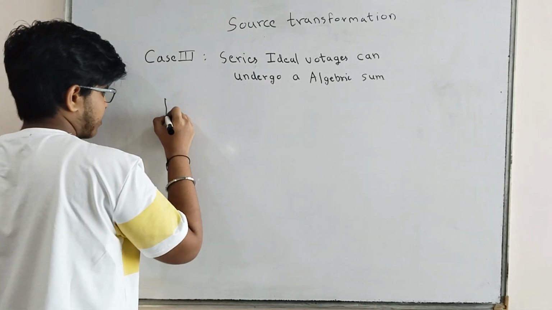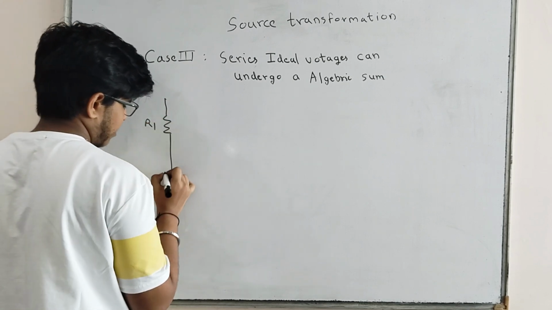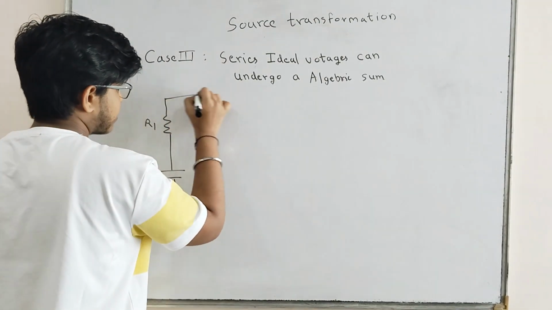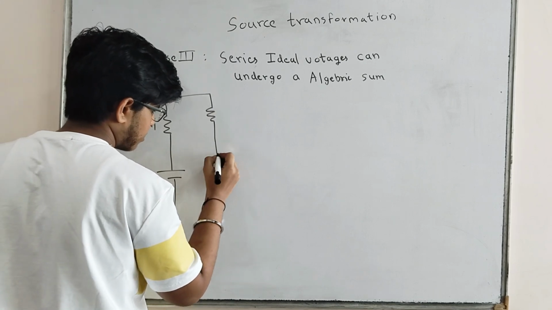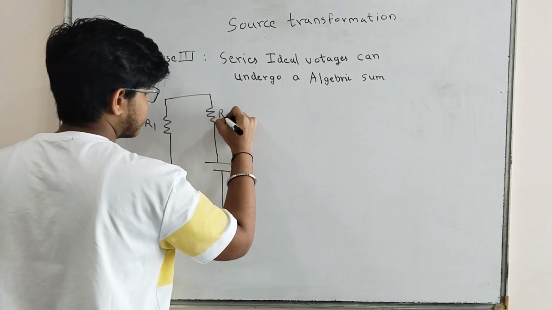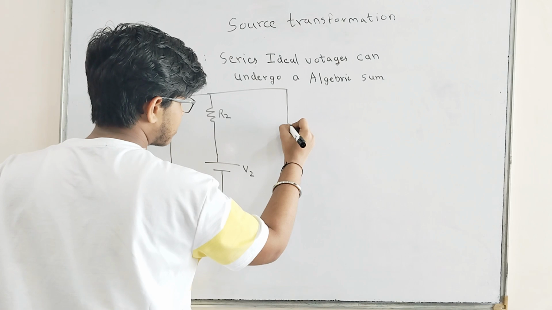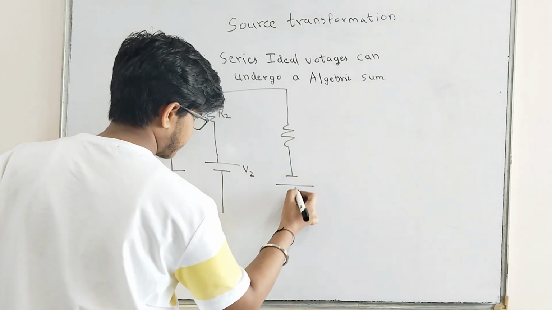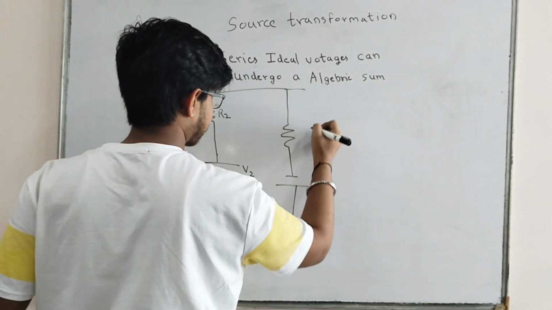Consider a circuit having resistance R1 in series with V1 volts, and this entire thing is in series with R2, which is in series with another voltage source, so this is R2 and this is V2, and one more resistance in series with V3, and this circuit is continuous.